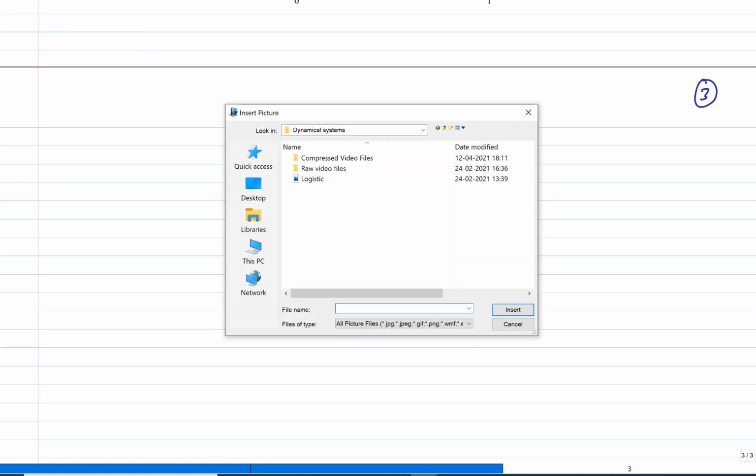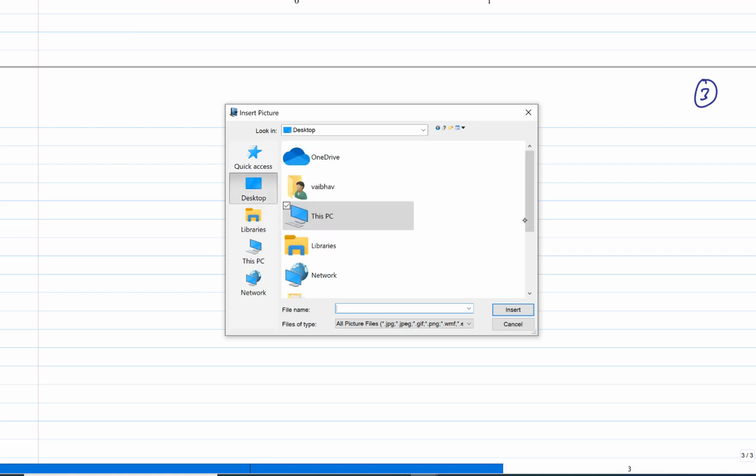Remember, both of them are unimodal, one-dimensional maps.